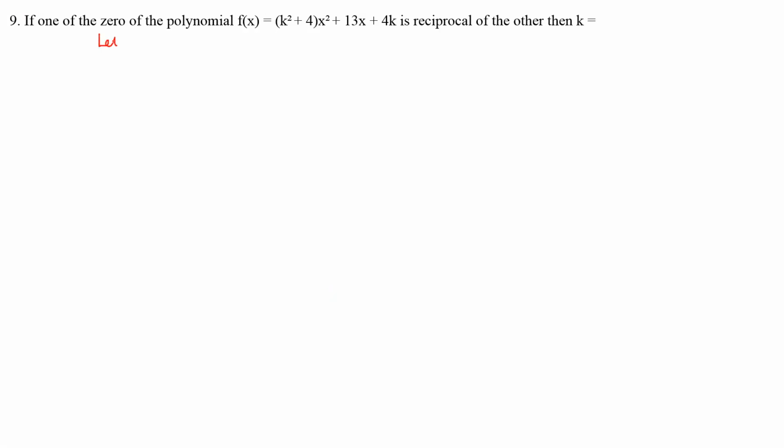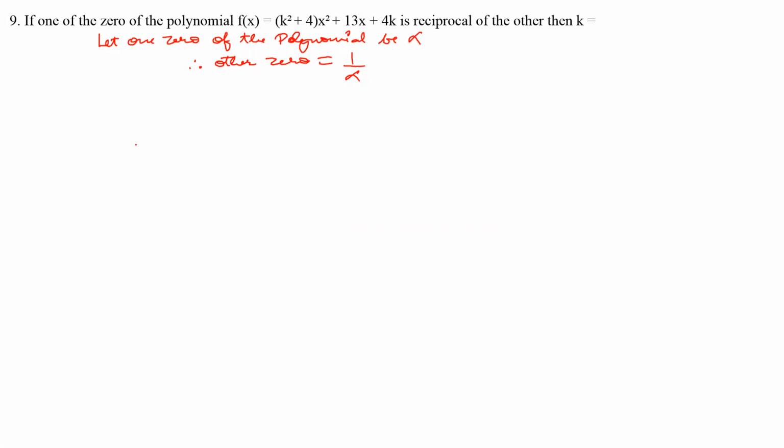See, let one zero of the polynomial be alpha. If one zero is alpha, then what will the other zero become? Therefore the other zero will be equal to what? Read the statement given in the question. What it is given, other zero is the reciprocal of the first one, therefore the other zero will become 1 upon alpha.